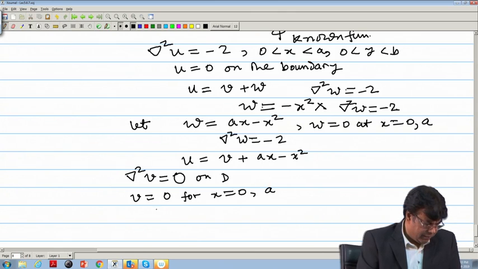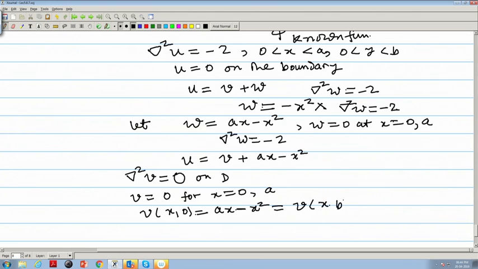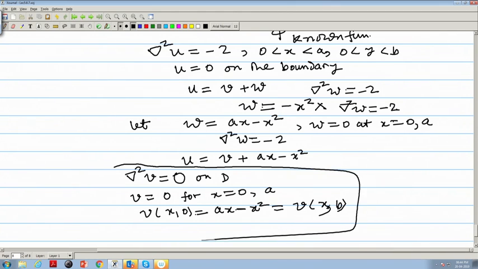But v(x, 0) is ax minus x squared, equal to v(x, b). So, we have a non-homogeneous boundary condition for y equal to 0 and b. Now, this can be solved the way we have discussed before.